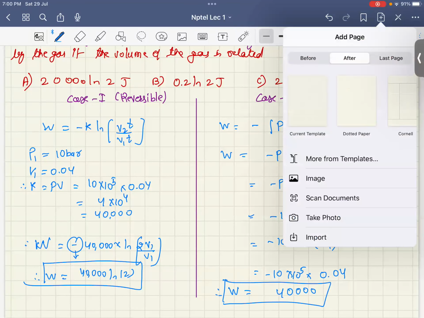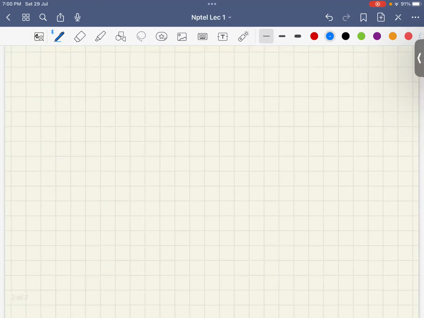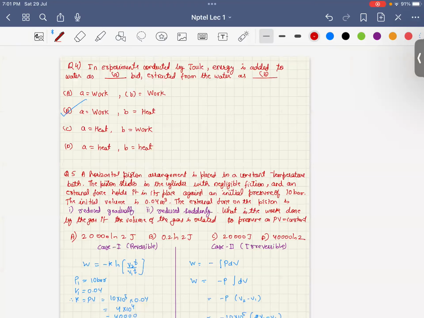So let us move on. I hope the answer is clear to everyone. Let us move on to the next question, right? If you have any questions, you can ask me. I'll wait for a couple of minutes. If you have any doubts, you can ask it. Else, if somebody wants to write this down, they can write this down as well.